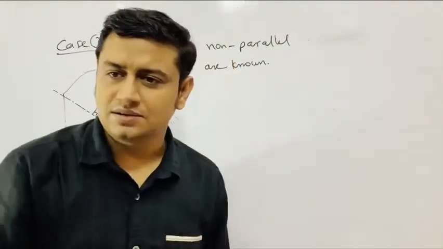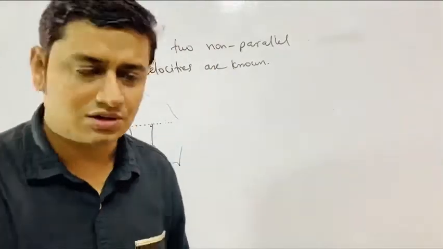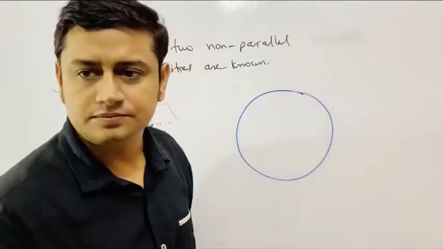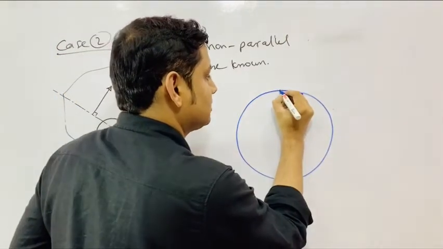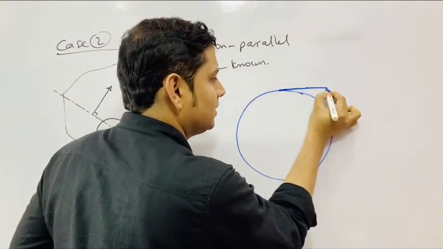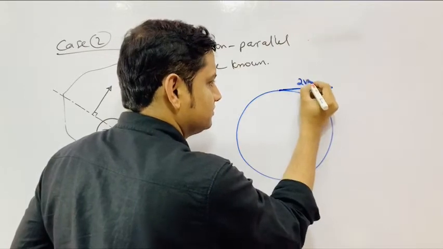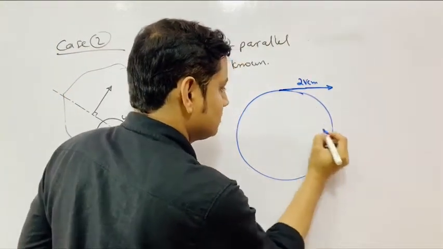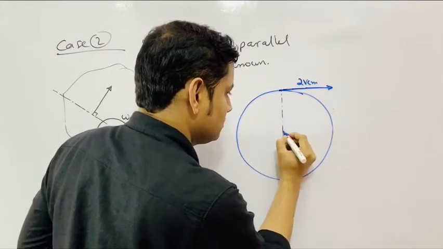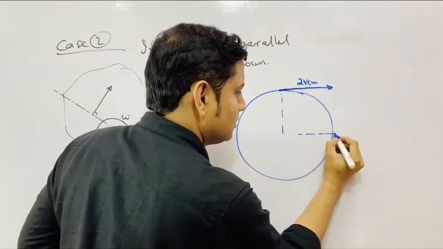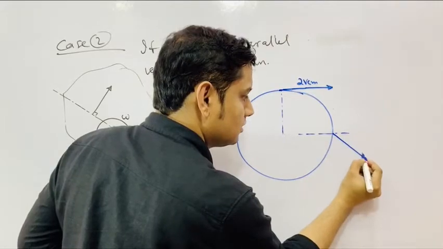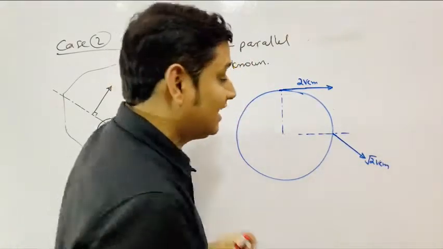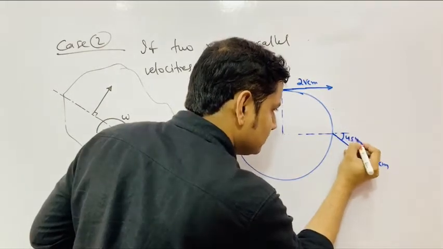Take the disc. In the case of rolling disc, let us verify that is coming or not. You remember, this velocity was here, 2 VCM. And this velocity was here, root 2 VCM, at an angle of 45 degree.